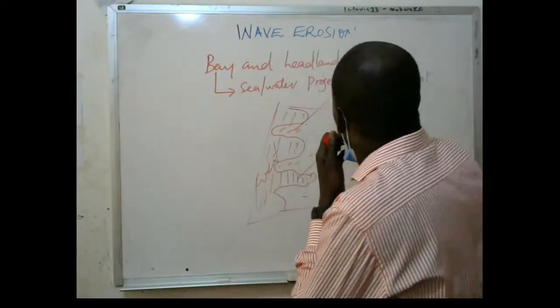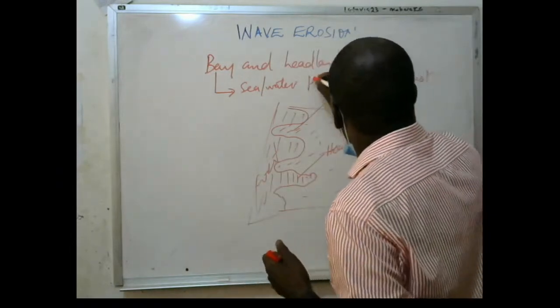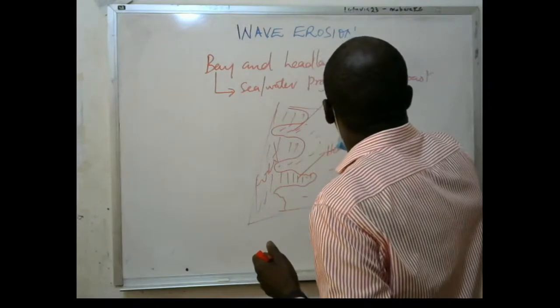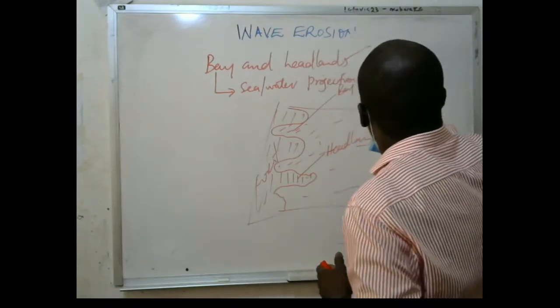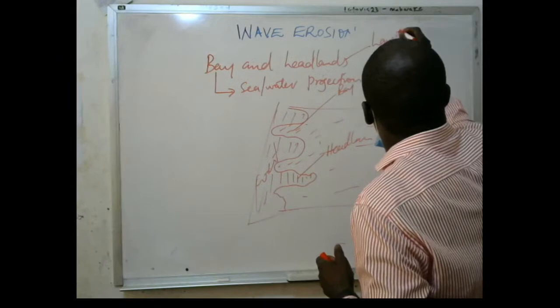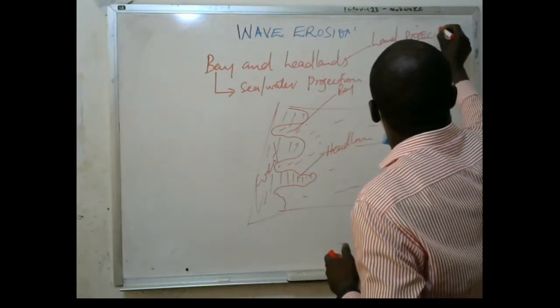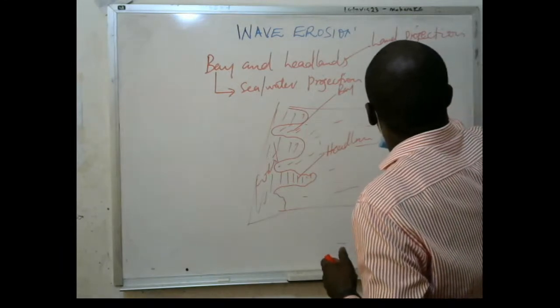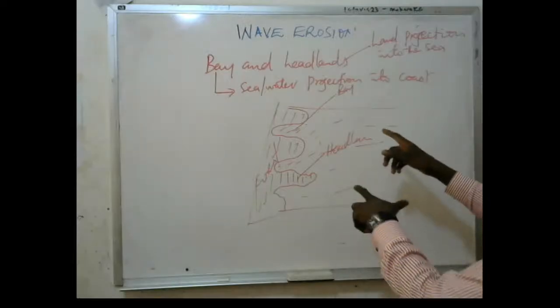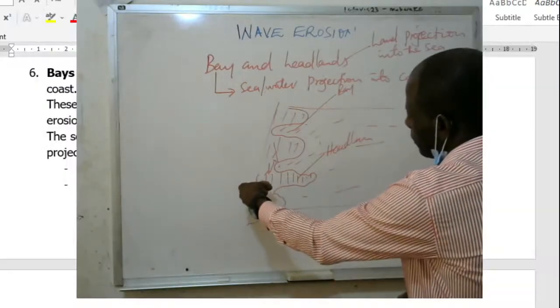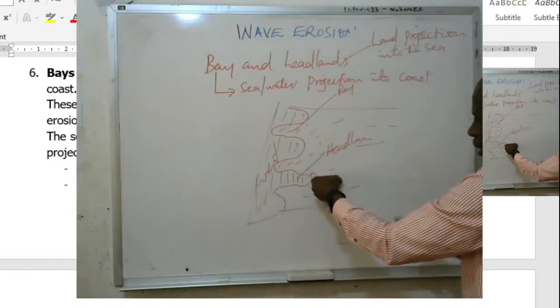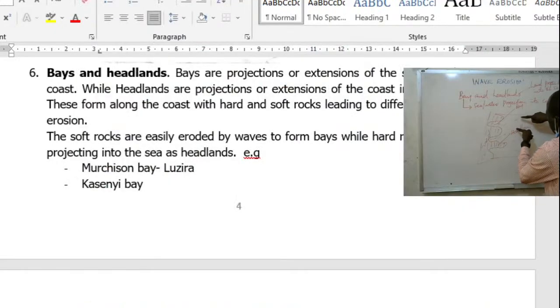And then the headland, on the other hand, is the land projection into the sea. So here we have land projecting to the sea from the headland, and water projecting to the land from the bay.